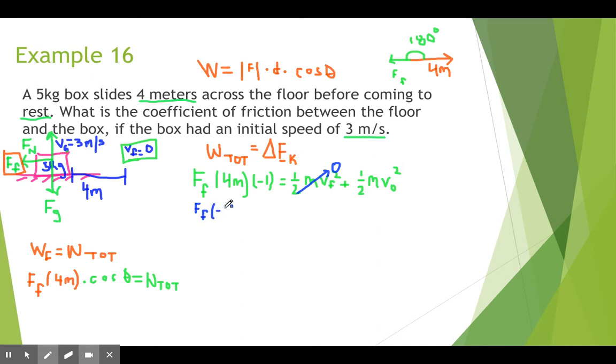So I have force of friction times negative 4 meters is equal to negative 1/2 times 5 kilograms, which is the mass of our object, times 3 meters per second squared. And we're going to solve for the frictional force. So 3 squared, you get 9.